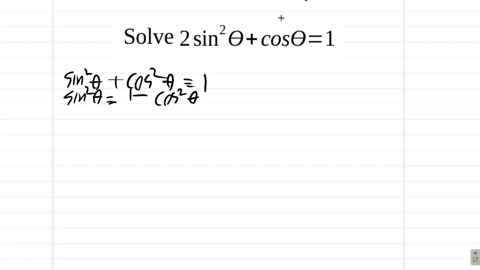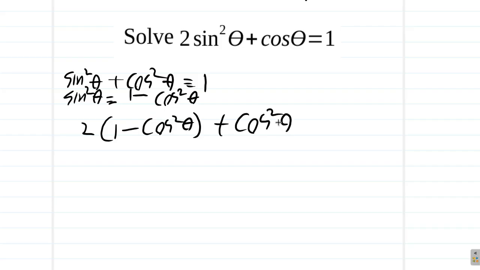Now this here says 2 sine squared theta. But the sine squared theta is the same as 1 minus cos squared theta. So you're going to say 2 times 1 minus cos squared theta plus this part now, plus cos theta, equals 1. Oh, plus cos theta, not cos squared theta.